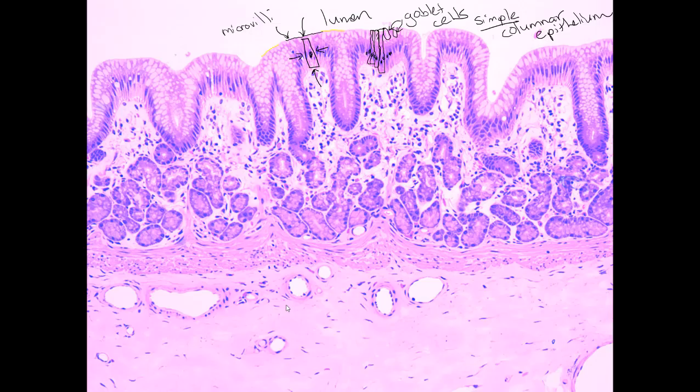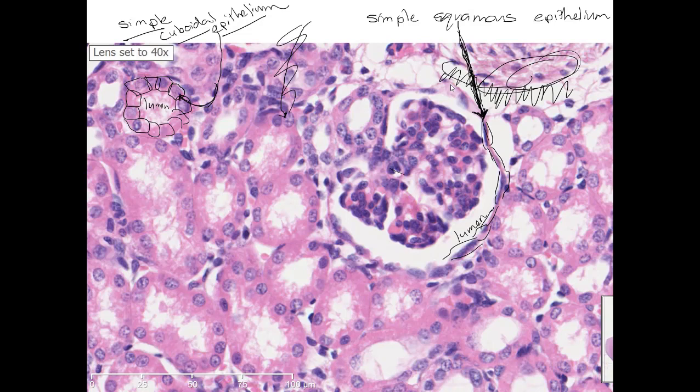Let's go back a little bit more. All this tissue over here, right underneath the simple columnar epithelium, is areolar connective tissue. When we look at this, all this tissue over here between the renal tubules is areolar connective tissue, kind of like over here as well.